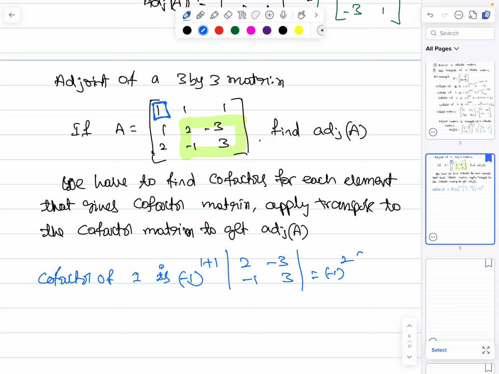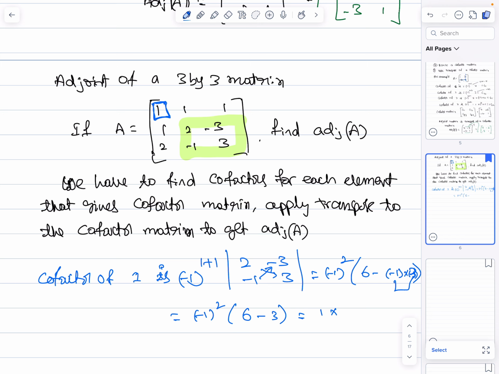So the determinant we have already calculated: 3 into 2 is 6, minus, whenever you are taking the upward direction, minus sign is common, minus into minus 1 into minus 3. That is minus 1 whole square times 6 minus 1 and minus 1 and minus 3. Minus 1 and minus 3 is plus 3, which is equal to 1 into 3, is 3. That is the cofactor of the 1.